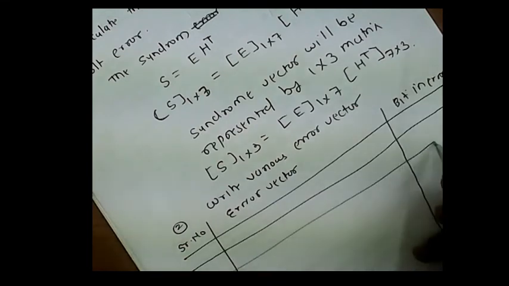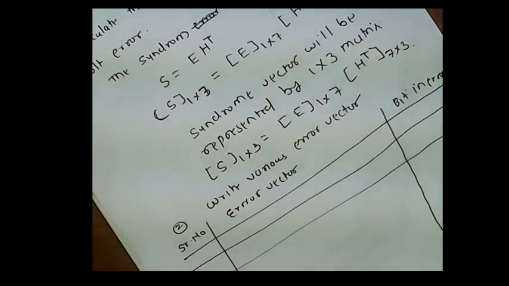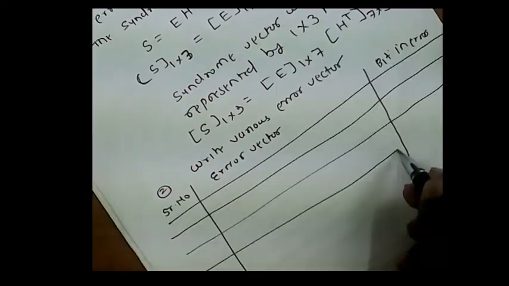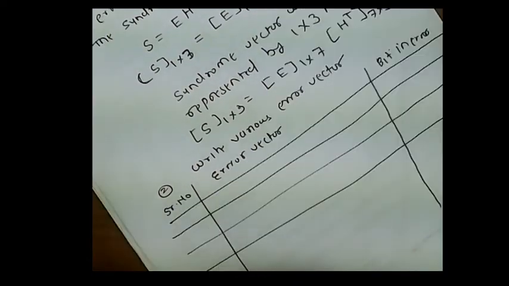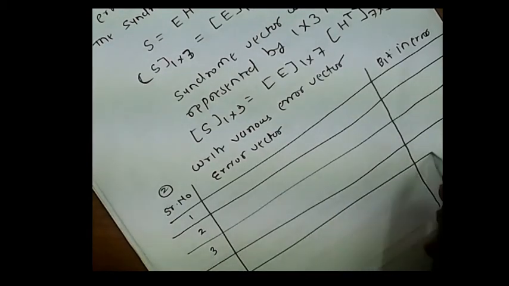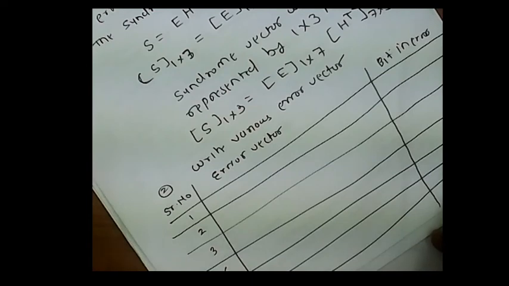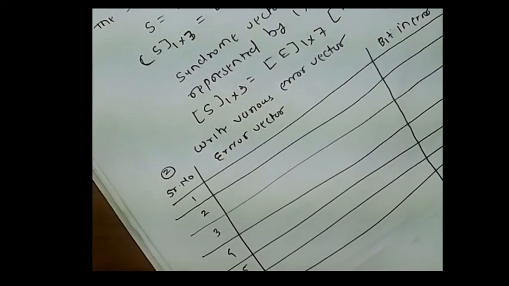So we can draw the pattern of the 7 different error vectors, which consist of a single bit error. So this is first, second, third, fourth, fifth, sixth, and this is seventh.